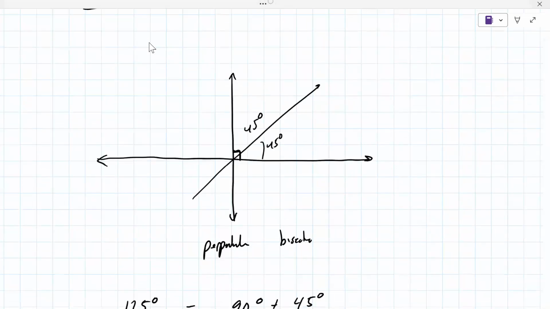So notice that the red here would be 135 degrees. And I have no idea what your instructor wants you to do, but these are possibilities.